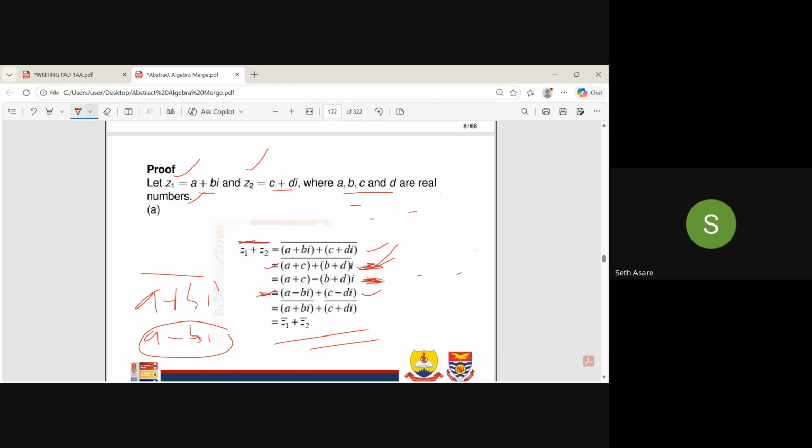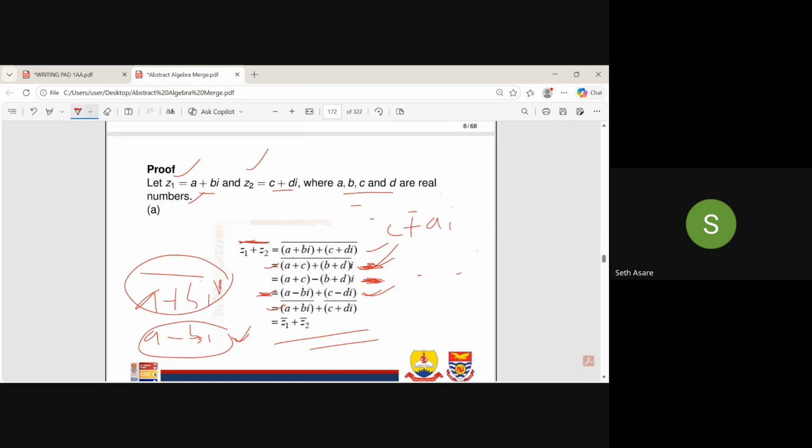The conjugate of this is what we have gotten now here. That's what we wrote down here. Now, when we look at C minus DI here, that one is also the conjugate of C plus DI.